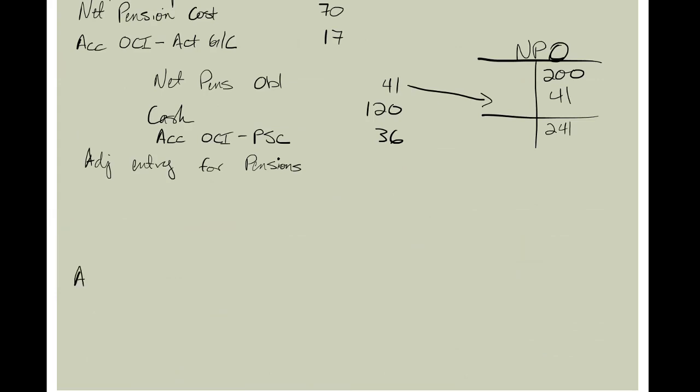We had accumulated OCI prior service cost debit of 200, and then we have our net pension obligation, since that's where we keep track of the pension obligation and the plan assets.